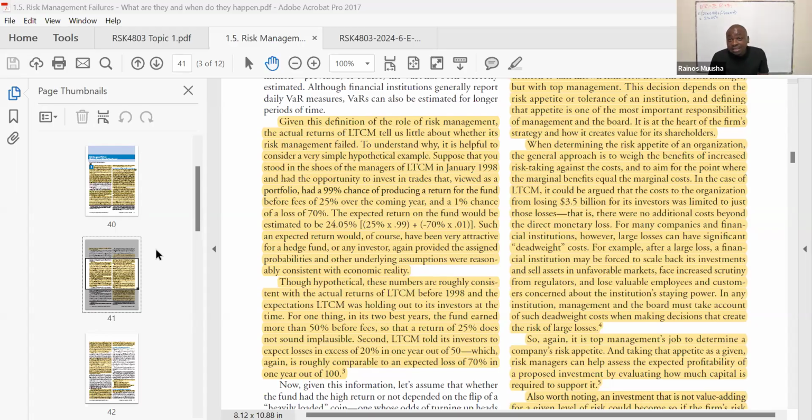So they are saying that when you look at this probability of 1%, from a year's perspective, we're expecting that in 1 year out of 100 years, we can suffer a loss of 70% of the value of the portfolio.